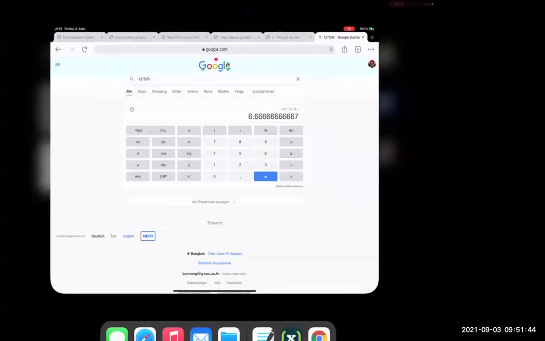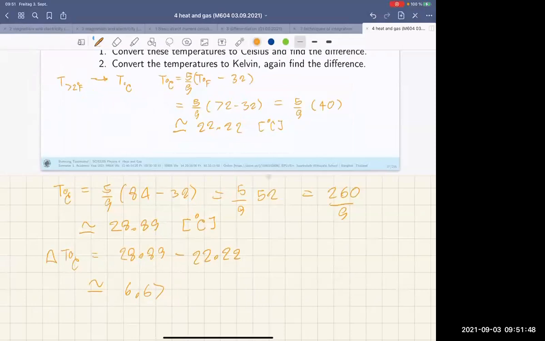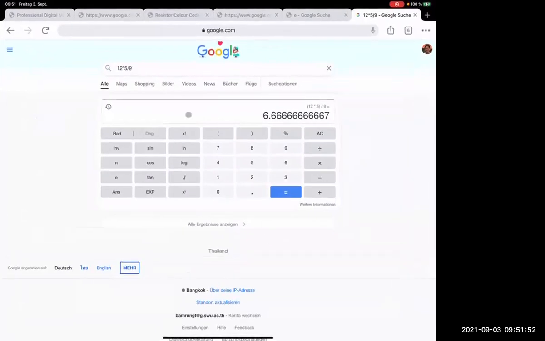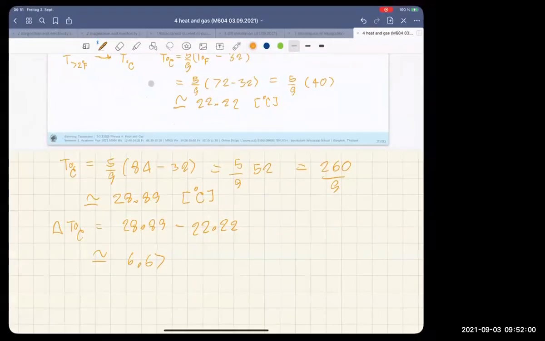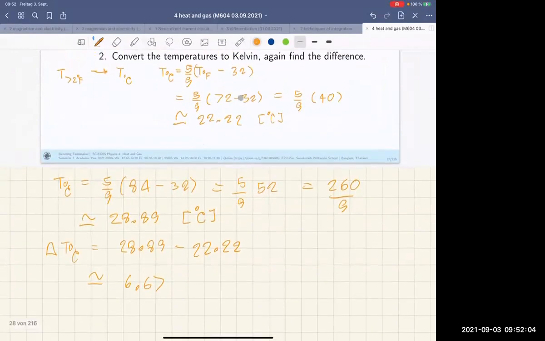It's going to be 6.67, 6.6666. Yes, you can use the difference and multiply by the scaling factor 5 by 9 in order to find the difference. Or you can find the difference directly from both values.